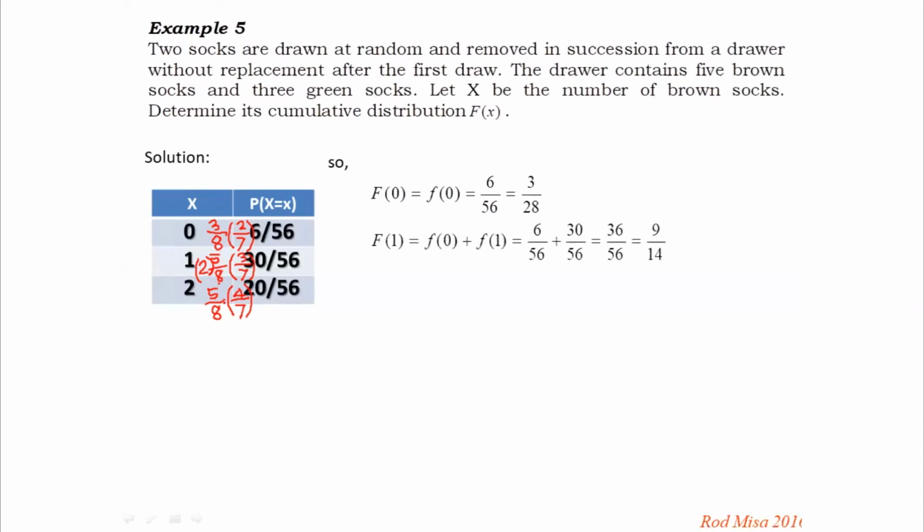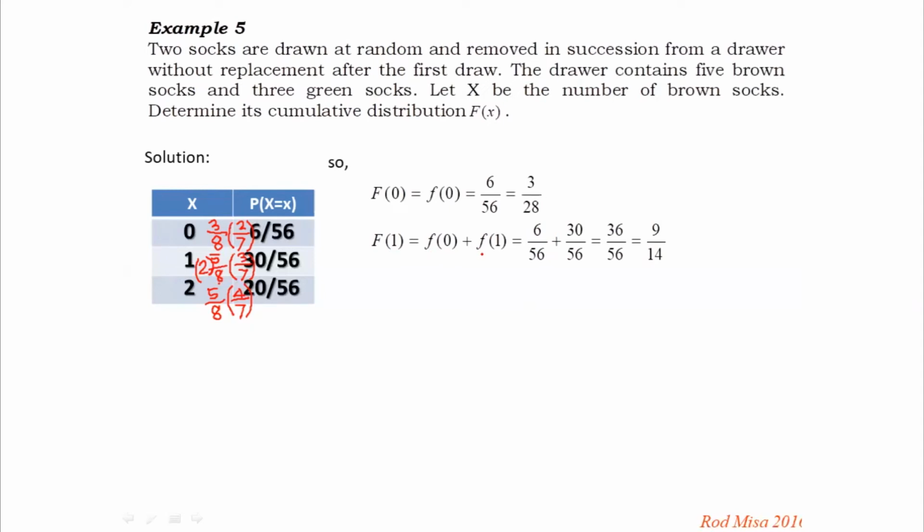But for our big F of 1, which represents the cumulative distribution function of 1, this is equal to the small f of 0 plus the small f of 1, since big F is the sum of all probabilities of the random variable from 1 and below.